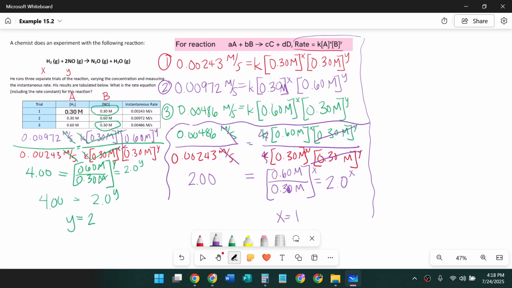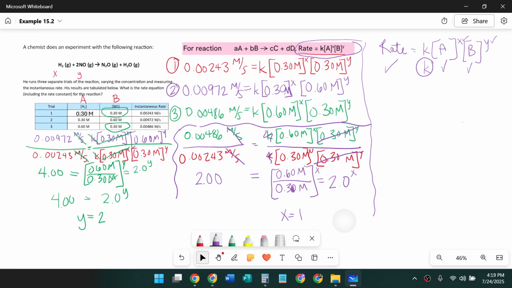So here's our rate equation: rate equals k[A]^x[B]^y. What do we have? We have 3 different rates, so we're good there. We're looking for the k still. We have 3 different A's to work with, 3 different B's to work with. We have an x and a y. And so to find the k, we just need to plug something in for literally everything else, and the k will be the only thing left.